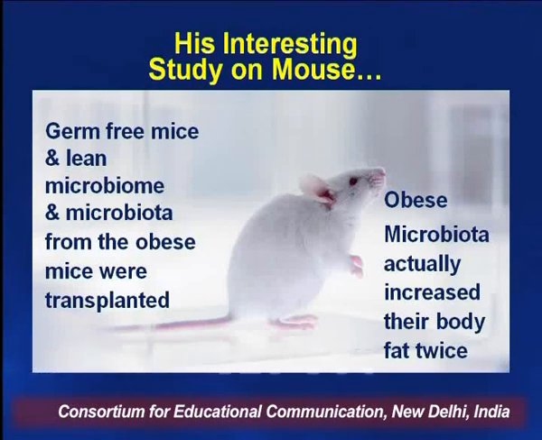To one set of germ-free mice they gave the lean microbiome inoculation, and to the other set they gave the fat microbiome inoculation, and one was control. To all three they gave the same amount of diet, same environment, same water, everything same, right? And they grew them for a while.